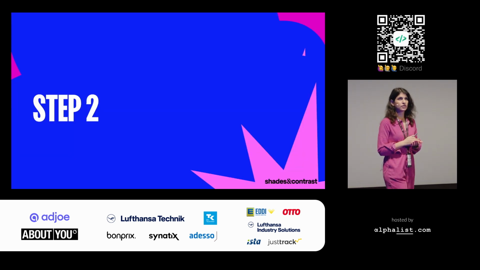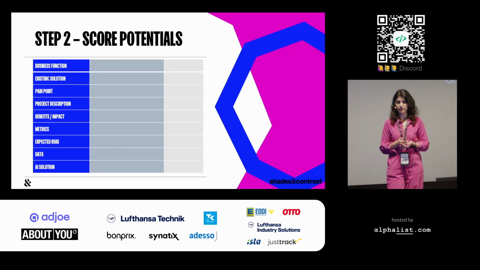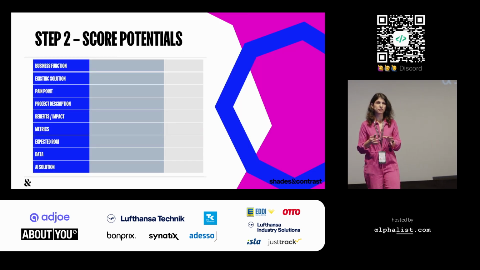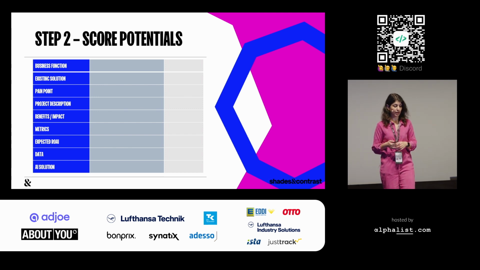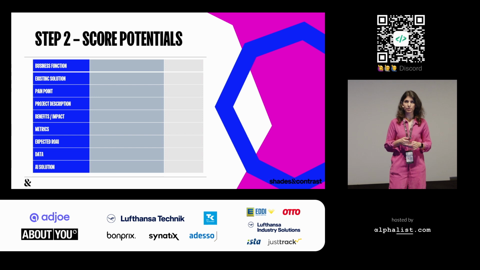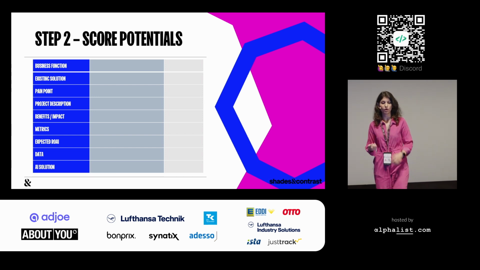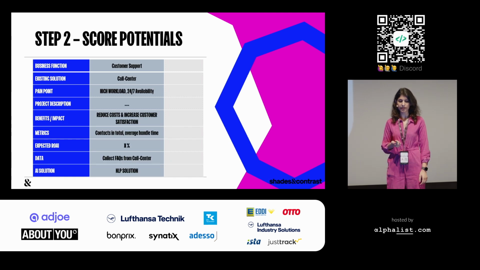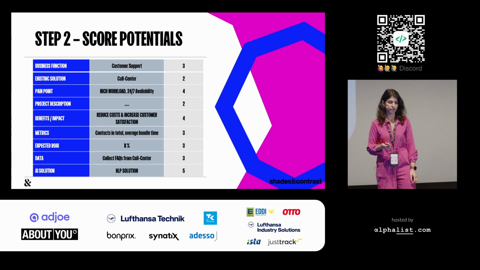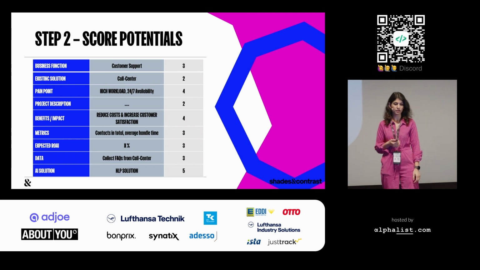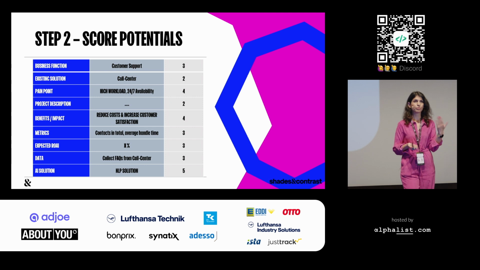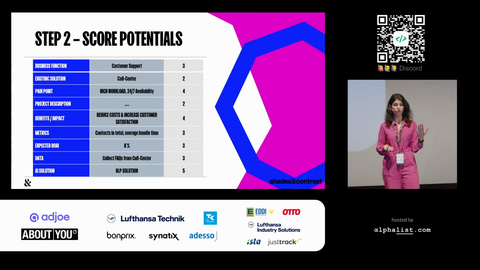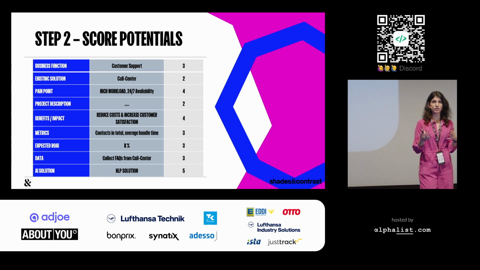So then, second step is that you have maybe one data product canvas for your solution, but you maybe have more other ideas. So for the second step, I recommend to compare these potentials and score them. So the second example is a chatbot, where you have this business scorecard with different aspects. You have an existing solution, a pain point, a project description, and so on, metrics and possible impact.